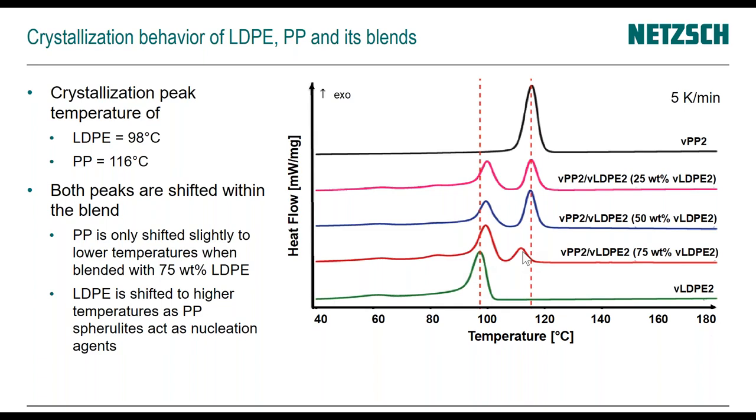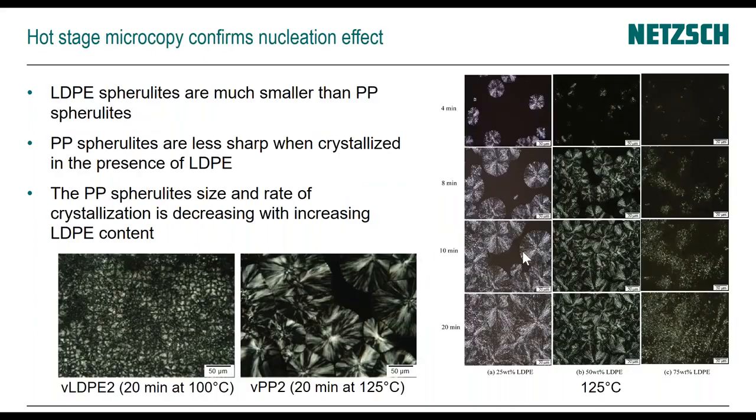And to highlight why we can learn this effect of the individual components on the crystallization of the other from a DSC curve, just for the sake of this presentation, I want to show you that we used other means to study this effect, and we used hot stage microscopy that you wouldn't do in a production setting, but you can do in a research setting.